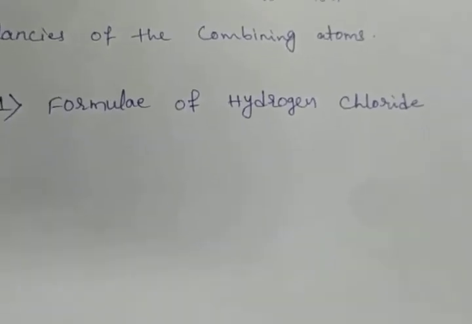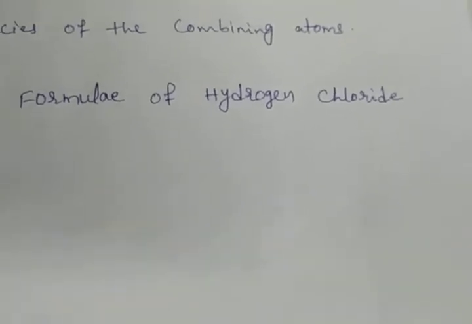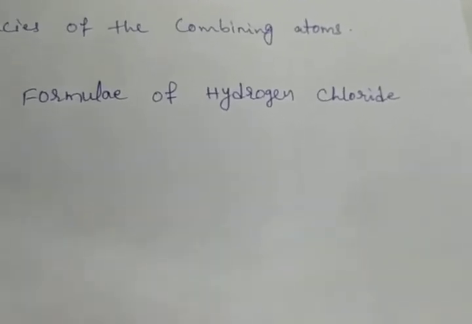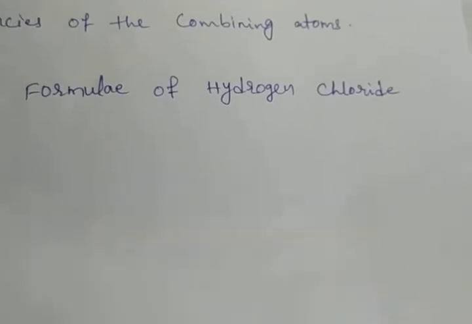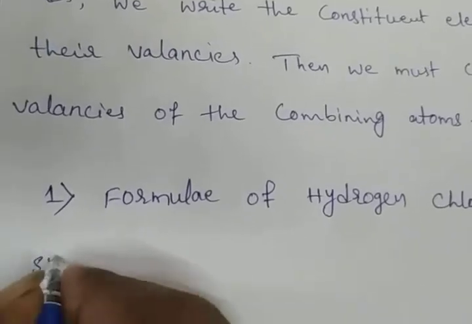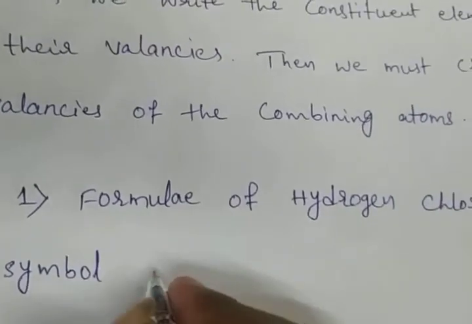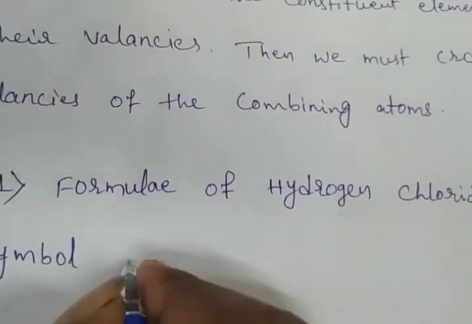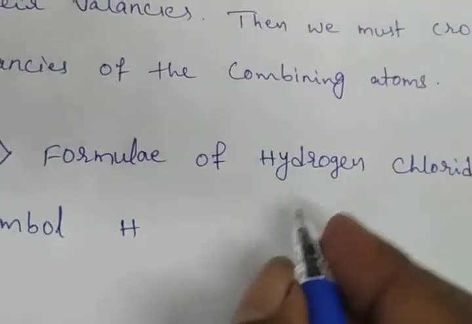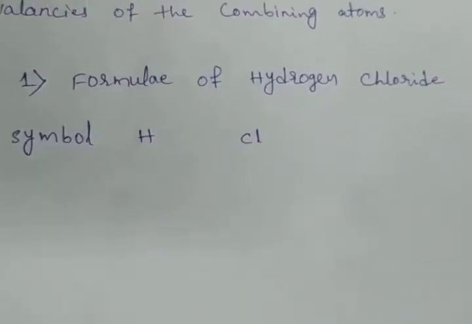Now we have to write their valencies also. When we are writing the chemical formula, we require the symbol and valency. First, symbol. Here the symbol of hydrogen is H and the symbol of chlorine is Cl.